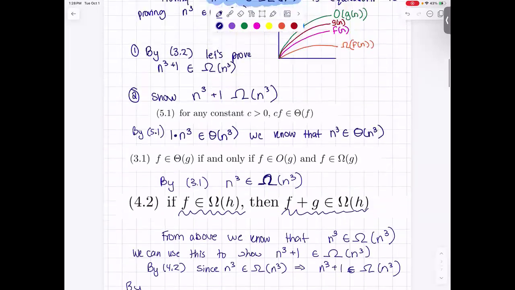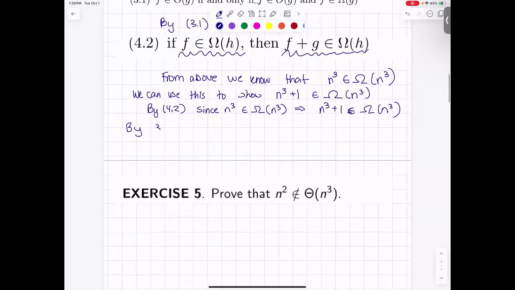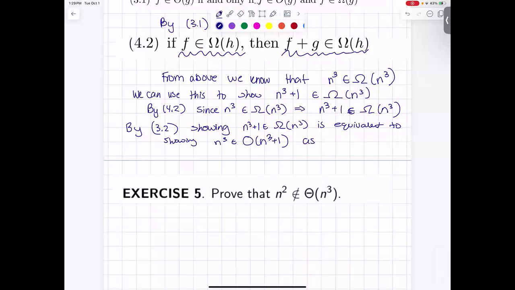If we go back up to the top, 3.2, showing n cubed plus 1 is in big omega of n cubed is equivalent to showing n cubed is in big O of n cubed plus 1 as needed. And that's all there is to it.